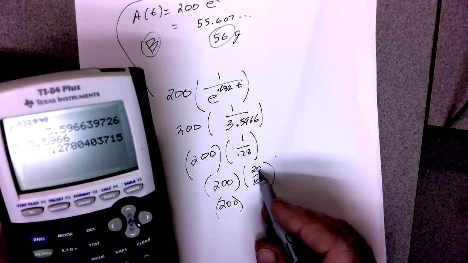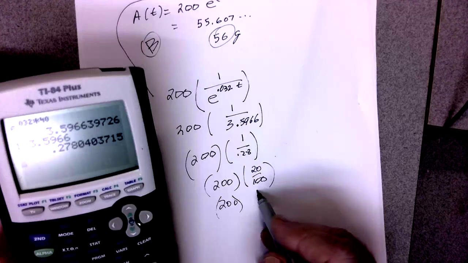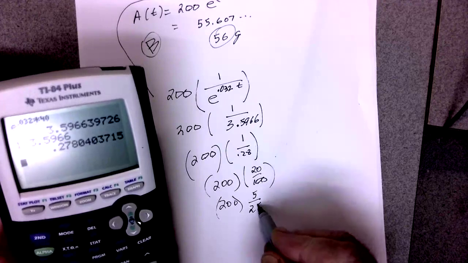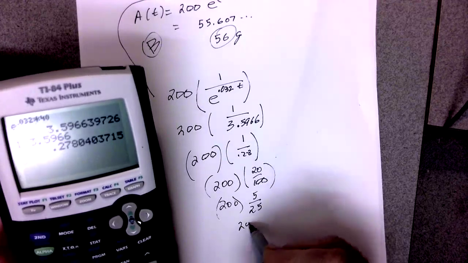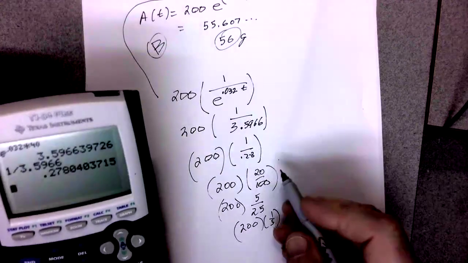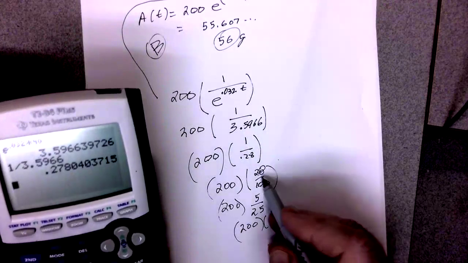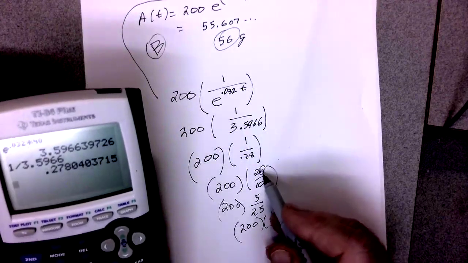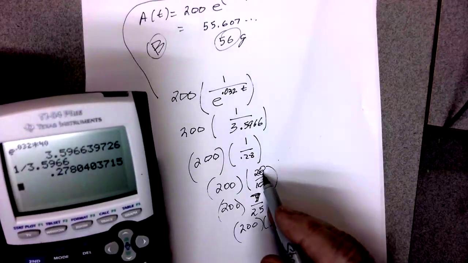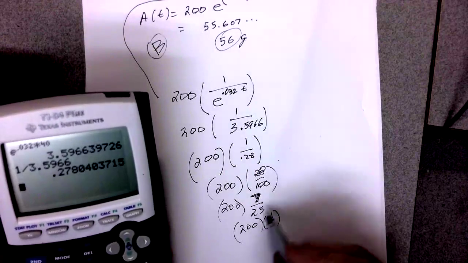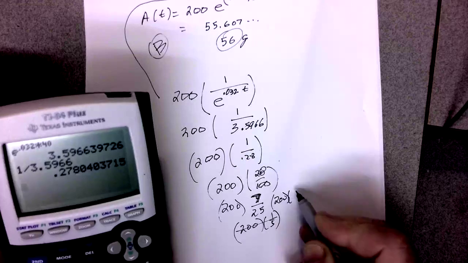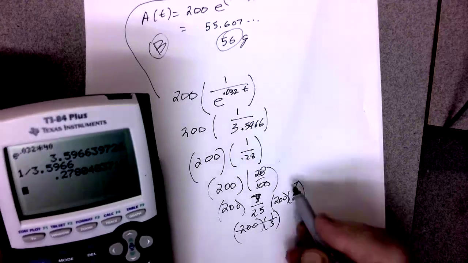Is that making any sense to you? Well, that was 28 hundredths, not 20. So that would be 7 over 25, since 4 will go into 28 seven times, and 4 will go into 100 twenty-five times. So as a fraction this would be 200 times 7/25, approximately.